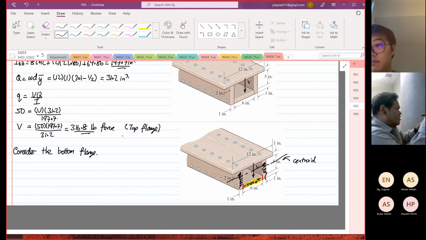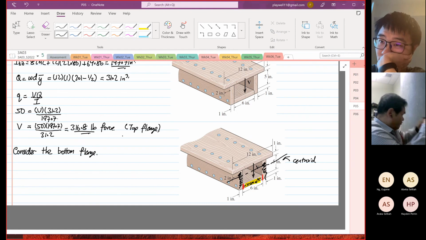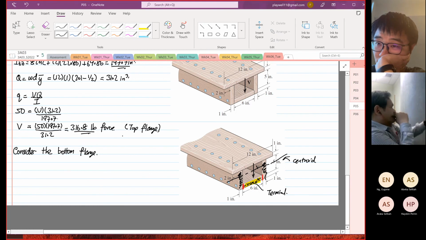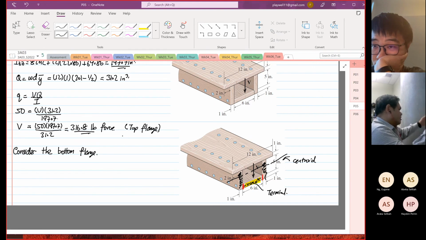And this is because the member will distribute the shear flow, right? Because over here, this is our terminal. The terminal at the center in terms of thin wall, the shear flow is equal to 0. Then it goes outwards. You got shear force build up or shear flow to build up. So that is why you consider the flange.